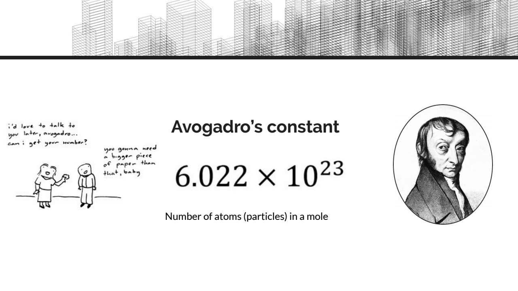In physics, we use it to 3 significant figures. So the last 2 you can disregard, and we will always be using it in the form 6.02 times 10 to the 23. That's how many particles in a mole.